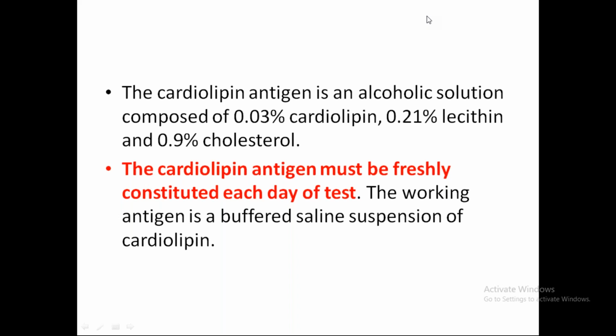In the case of VDRL test, you have to prepare cardiolipin antigen every day, because once you prepare the antigen, it will remain stable only for about 24 hours. Therefore, we have to prepare fresh antigen every day. The working antigen is a buffered saline suspension of cardiolipin.